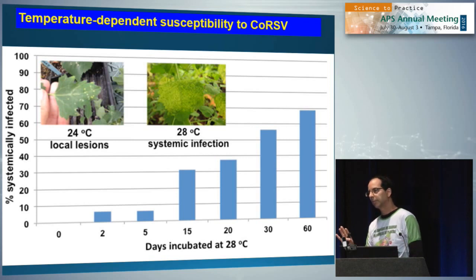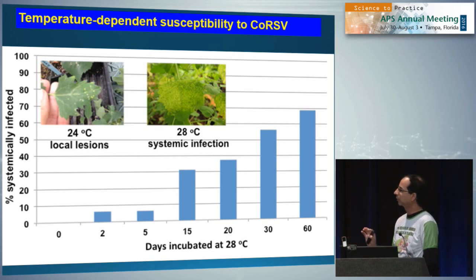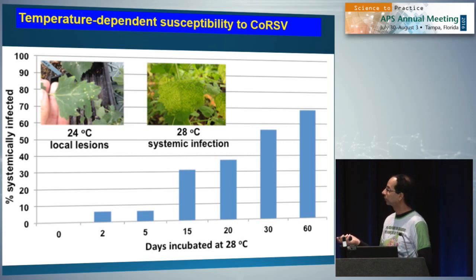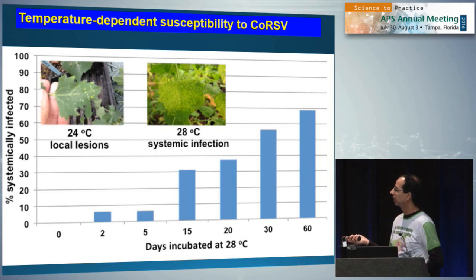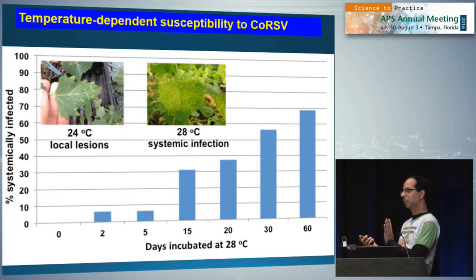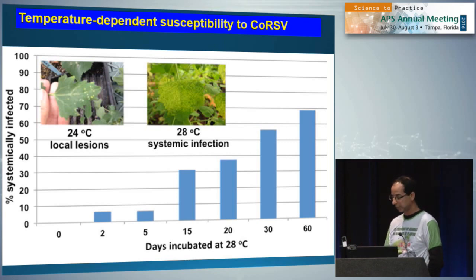And if you incubate these plants at 2 to 4 degrees higher, so 26 to 28 degrees, they become systemically infected. So a very small increase, 2 to 4 degrees, will cause that plant to be much more susceptible to virus infection.